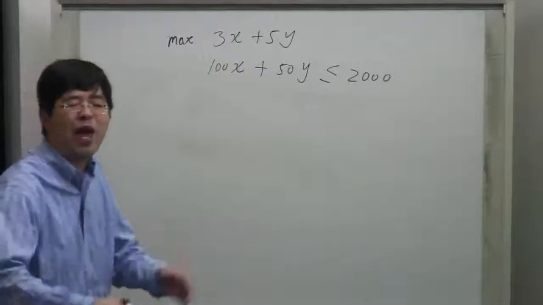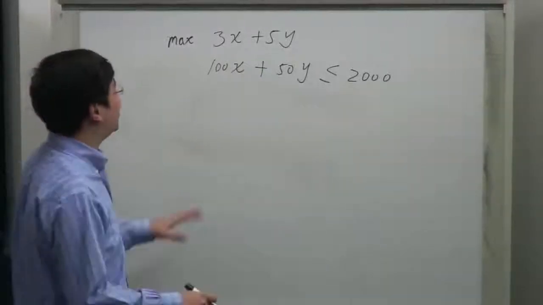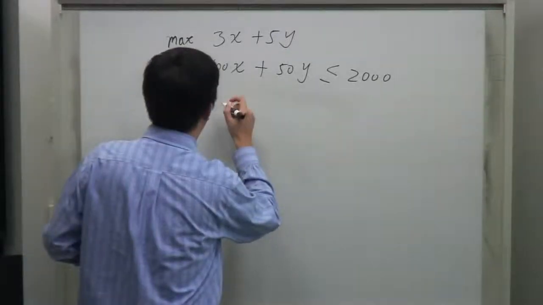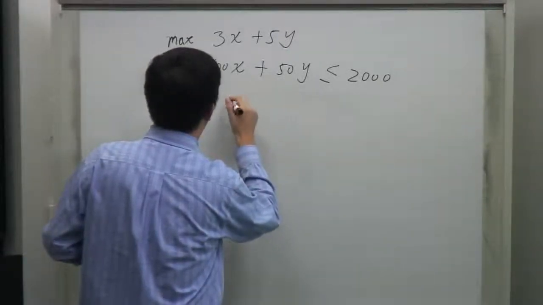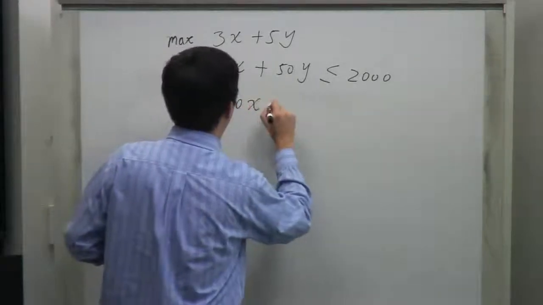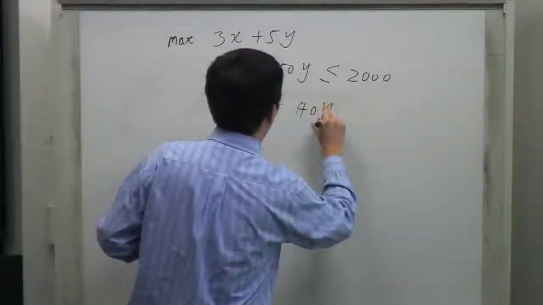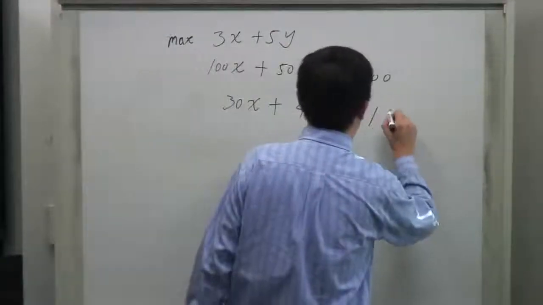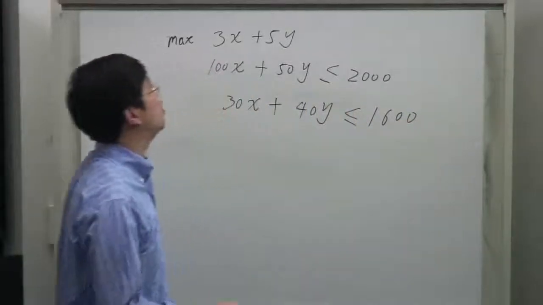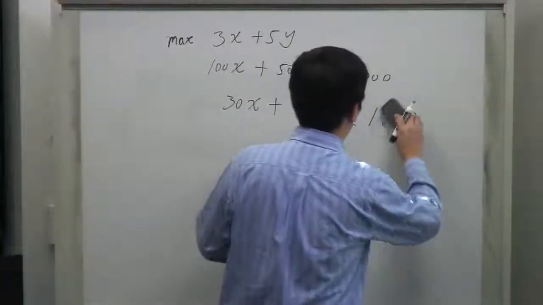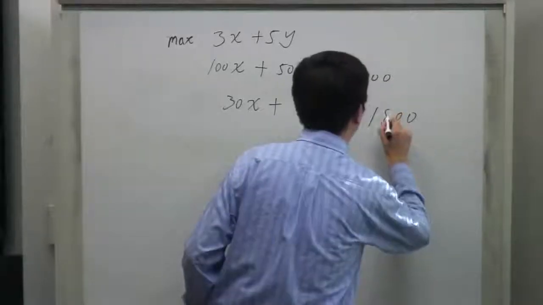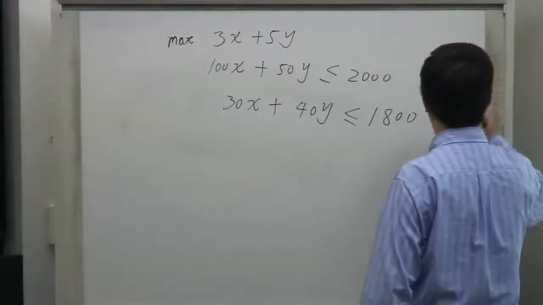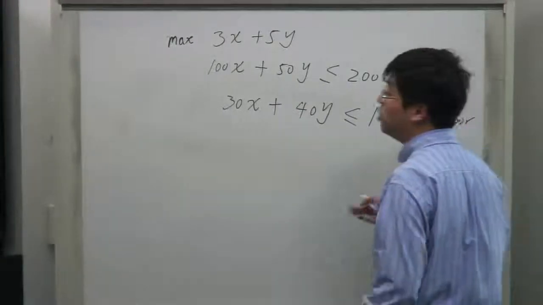You have some employees who have to package or do some work for X and Y. Each unit of X takes, say, 30 minutes to handle, plus 40 minutes to handle Y, and the total time you have for X and Y is, let's say, 1,600 minutes, which in fact I think is 1,800 minutes, so that is 30 hours. So the first constraint is the warehouse constraint, and the second one is the labor to handle these 2 products.